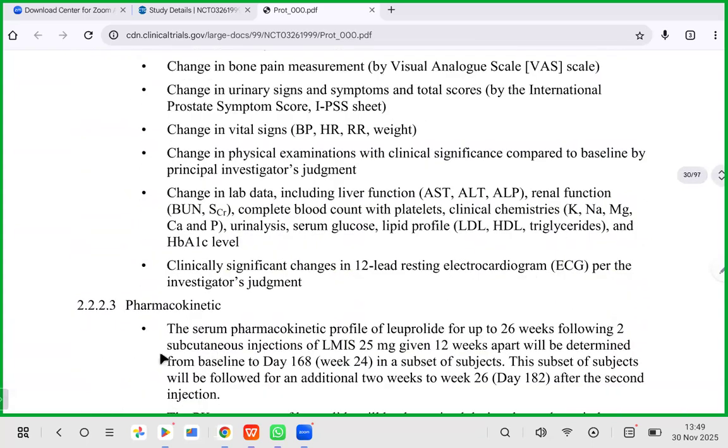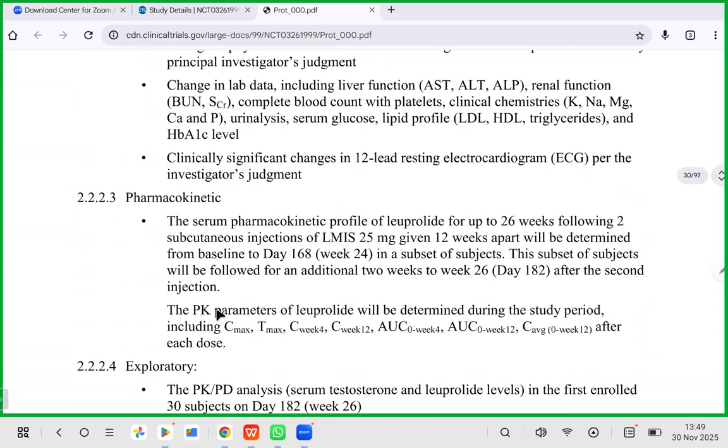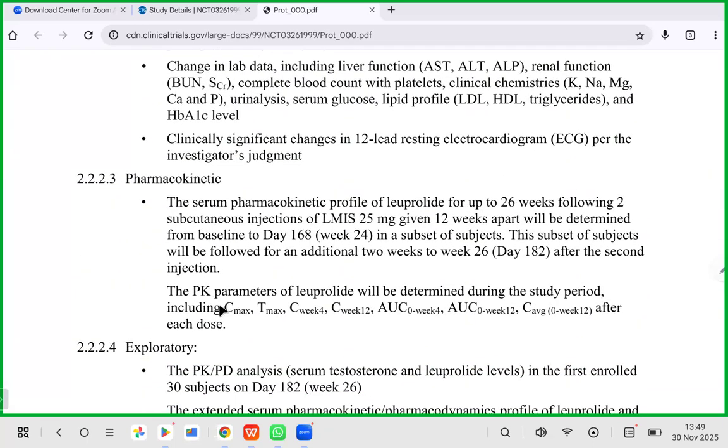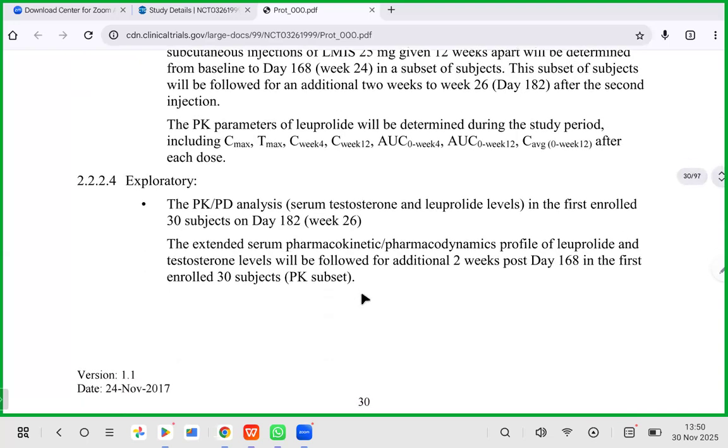And in pharmacokinetics, they will analyze Cmax, Tmax, maximum concentration and the maximum time period, and area under curve. So all this the programmers will read, and exploratory is additional analysis.